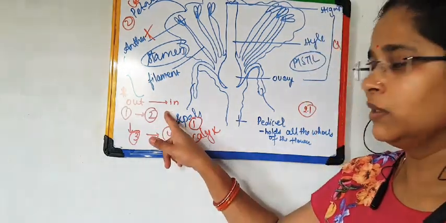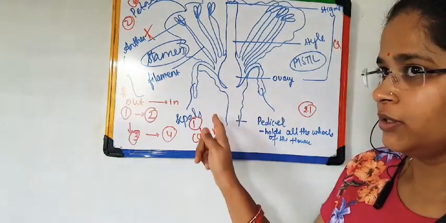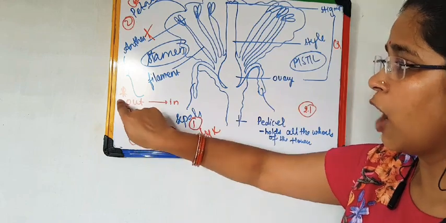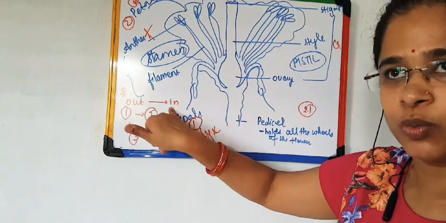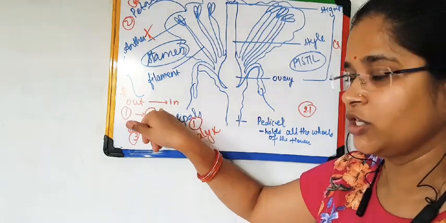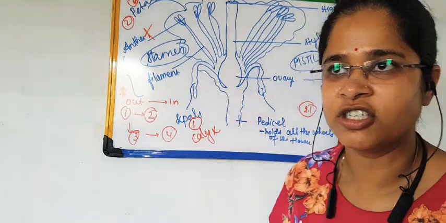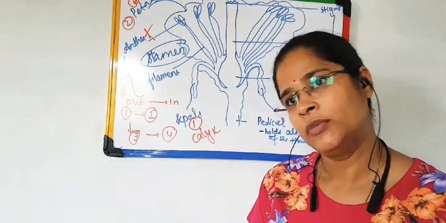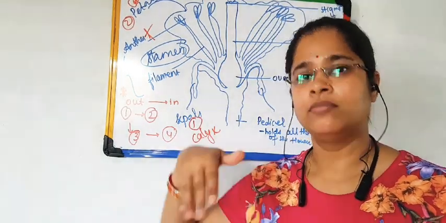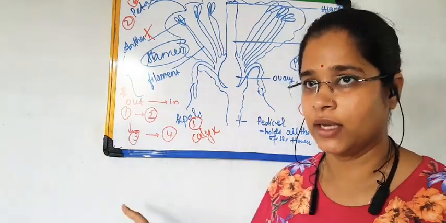So you have to mark this and write in your textbook even. Position of whorls in a flower from outermost whorl to innermost whorl. This question you have to write in your NCERT as an extra question, and then you have to write the position. It can be asked vice versa in the board exam and in the NEET exam. Clear? Exam means board exam, competitive exam means NEET exam.